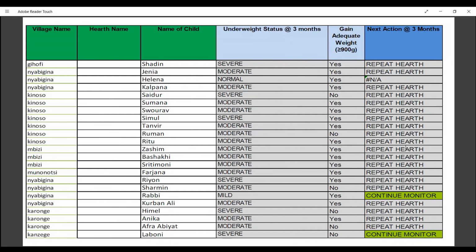Even going a little bit further back, look into the positive deviance inquiry. Was that correctly done? Did we identify the positive practices in that community, the positive deviance practices? Are the mothers able to practice that?